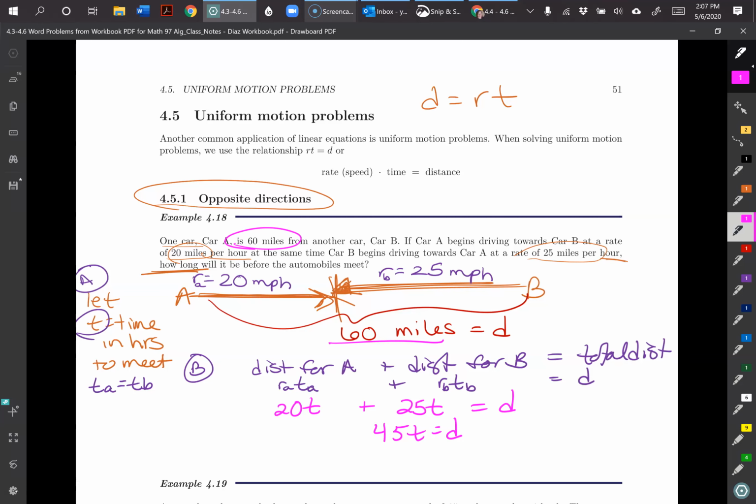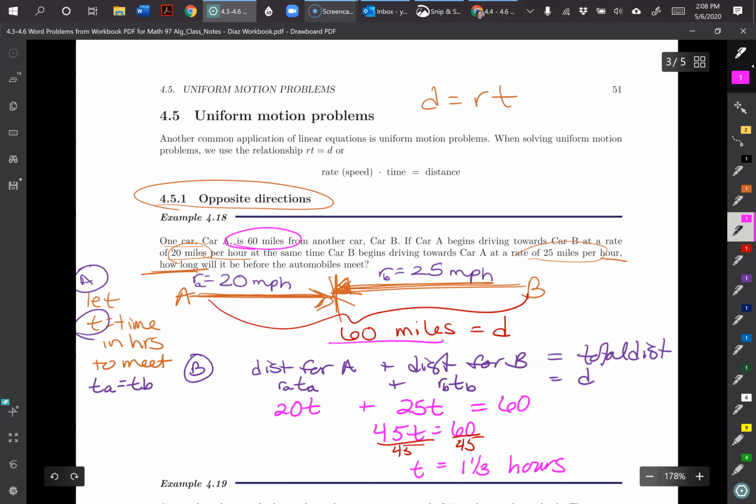So if you notice, oh, I got too many variables going on here, that's because I just forgot to set something in. So now we're going to divide by 45, and we end up with T equals 1 1/3 hours.